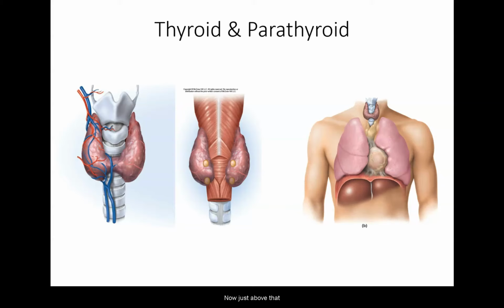Now, just above that thymus right here, we said is your thyroid and parathyroid, shaped a little bit like a butterfly. If I'm looking at the anterior view here, then I can see the thyroid gland.